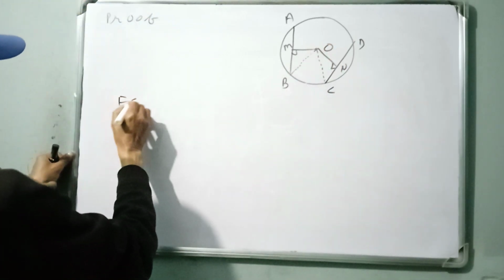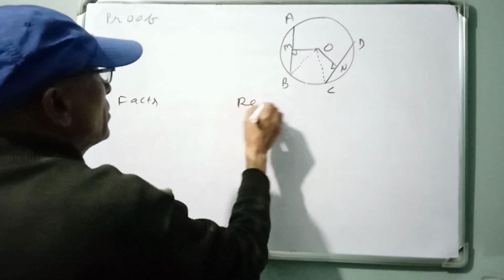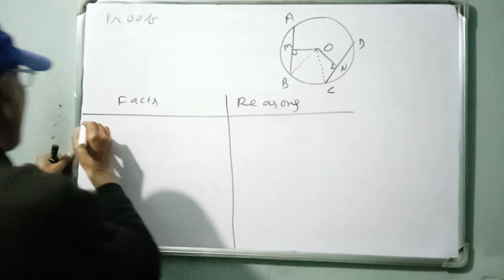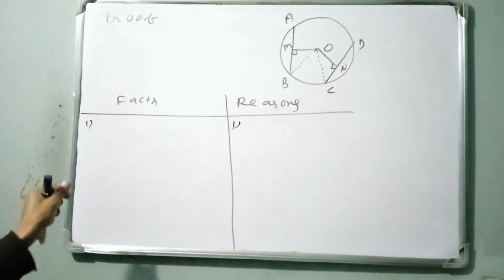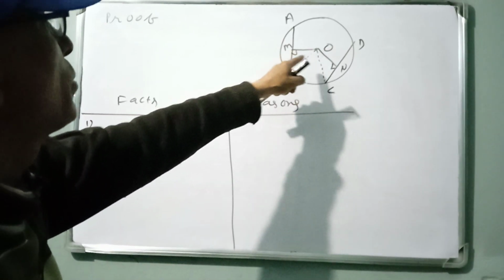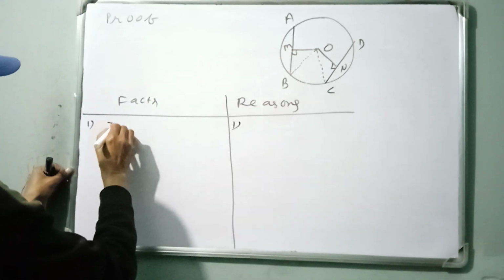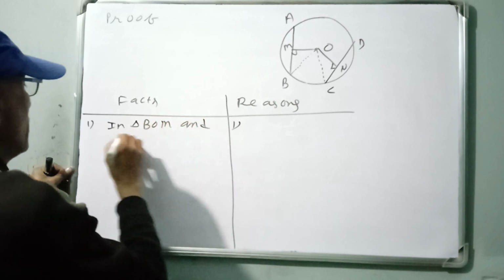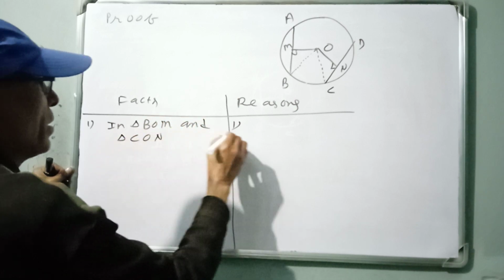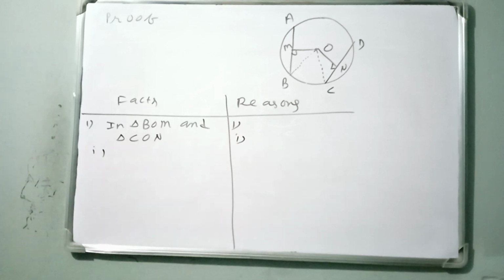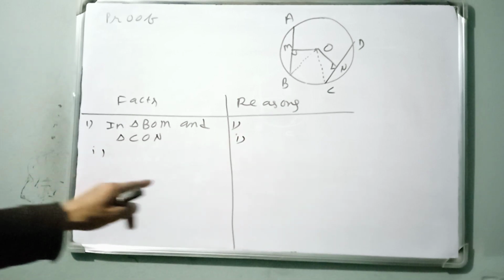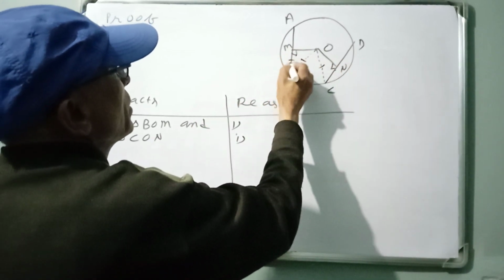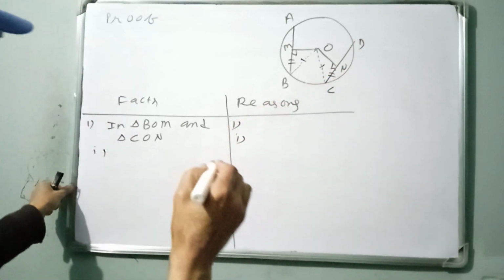Now, facts and reasons. What fact? In two triangles, BOM and CON. I said please apply the RHS fact: right angle, hypotenuse, side.